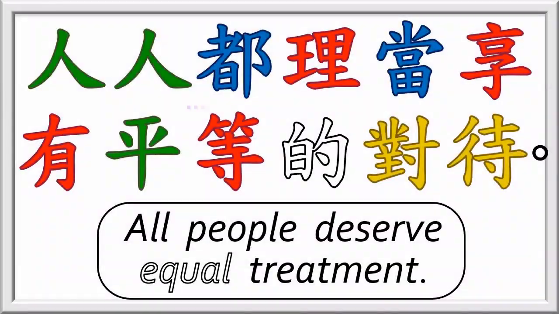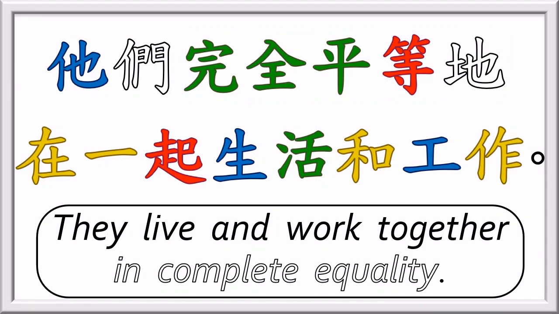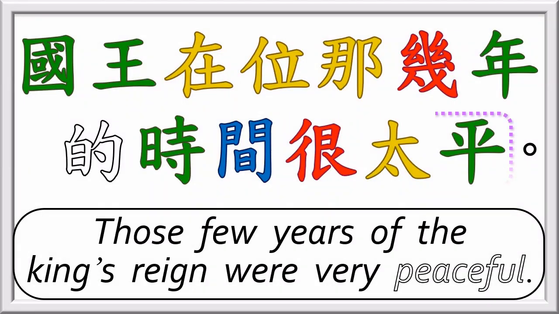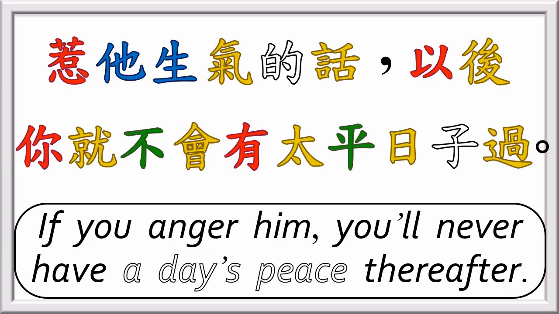The correct term for equal and equality is 平等。人人都理当享有平等的对待。All people deserve equal treatment. 他们完全平等地在一起生活和工作。They live and work together in complete equality. 太平 is the expression for peace and tranquility. 国王在位那几年的时间很太平。Those few years of the king's reign were very peaceful. 惹他生气的话，以后你就不会有太平日子过。If you anger him, you'll never have a day's peace thereafter.